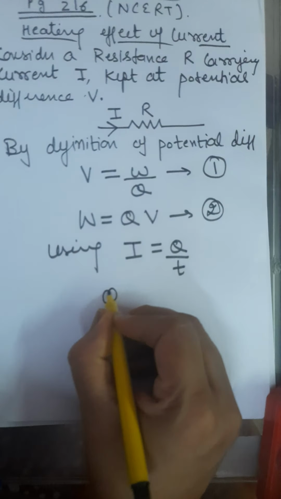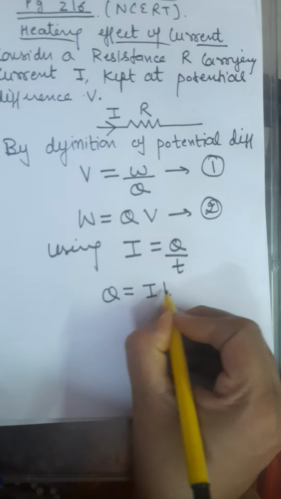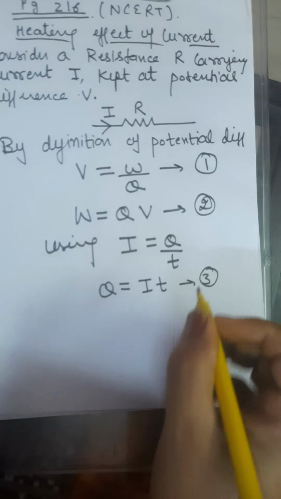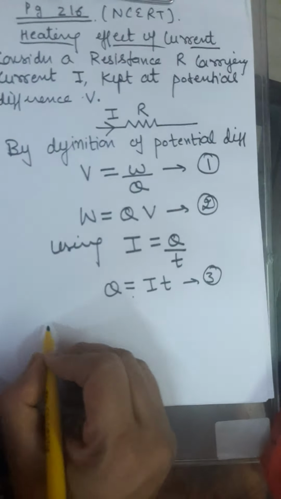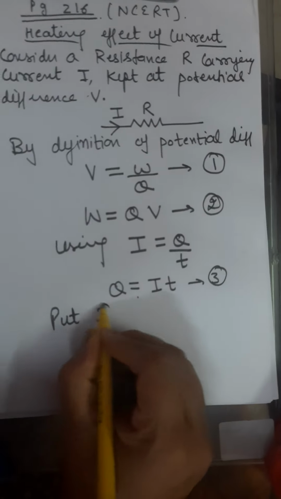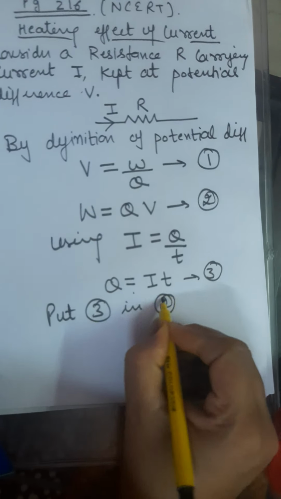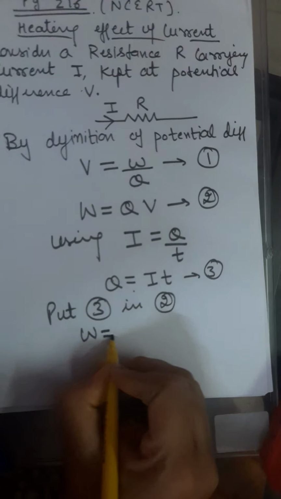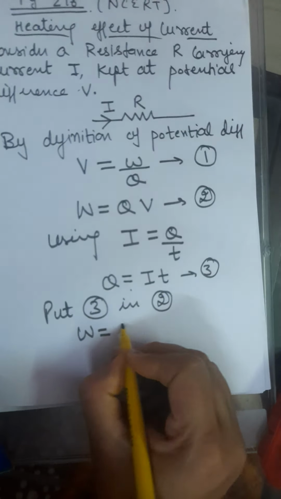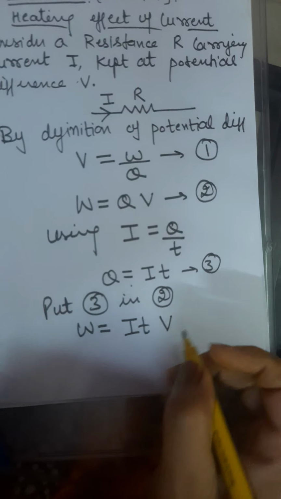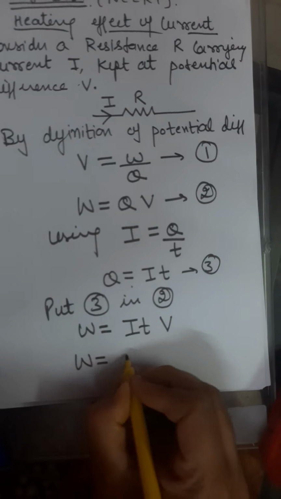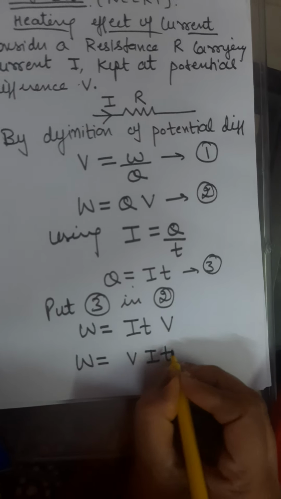So Q from here can be written as IT. I make it 3. Children, if I put 3 in 2, you see we find W is equal to, in place of Q I am writing IT into V. So W is equal to VIT.